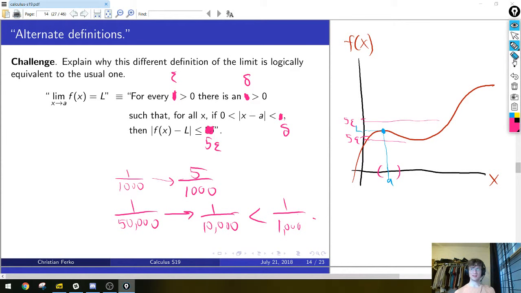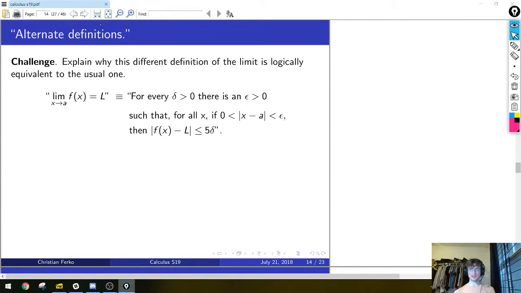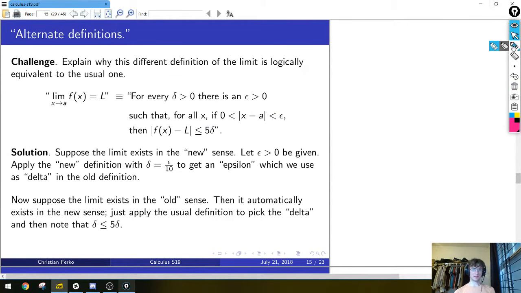Okay. Good. So let's see the write-up of this. I think I was a bit cheeky in the solution, but I try to argue here that the two definitions are the same. If the limit exists in this new sense, we want to show the limit exists in the old definition, and the way that I do that is to say, let delta be epsilon over 10.